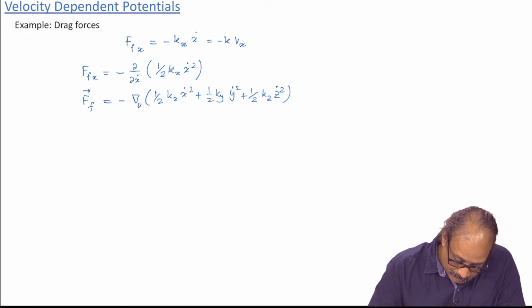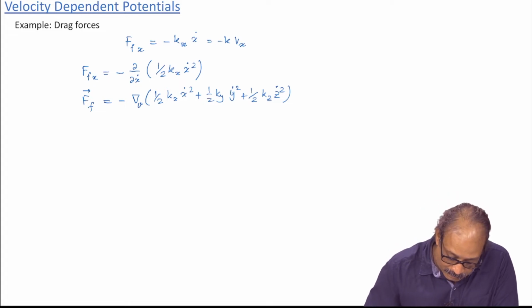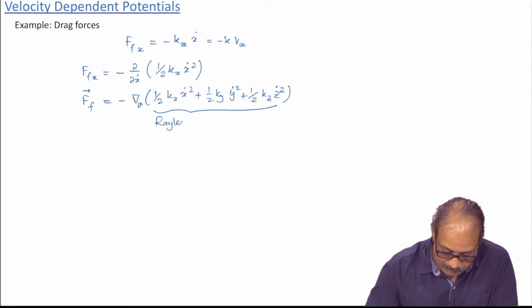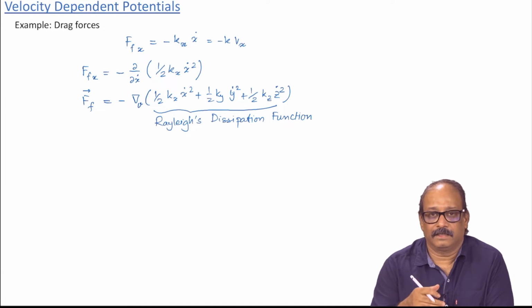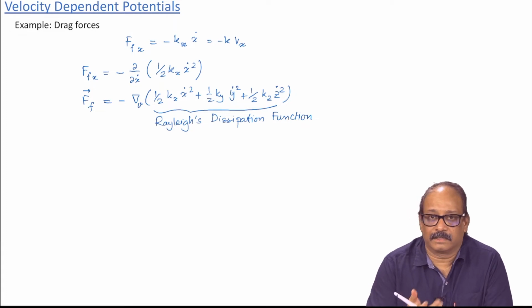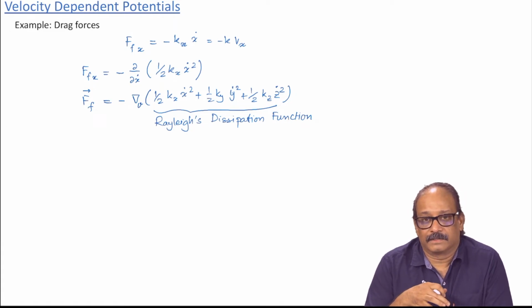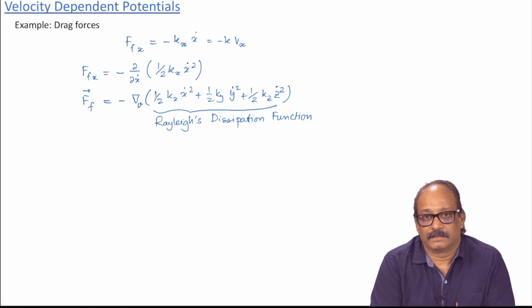So, this is basically gradient with respect to velocities there, and this quantity here inside the bracket is called Rayleigh's dissipation function, and that actually indicates if this force is present, it will also do the work and extract the energy from the system, or the energy of the system will be dissipated through this force, and that is why this is called Rayleigh's dissipation function.